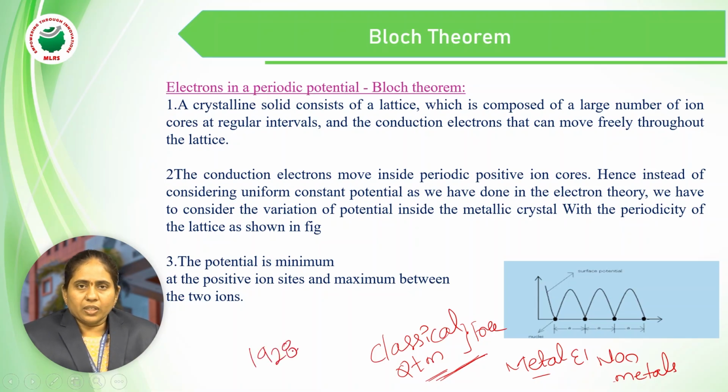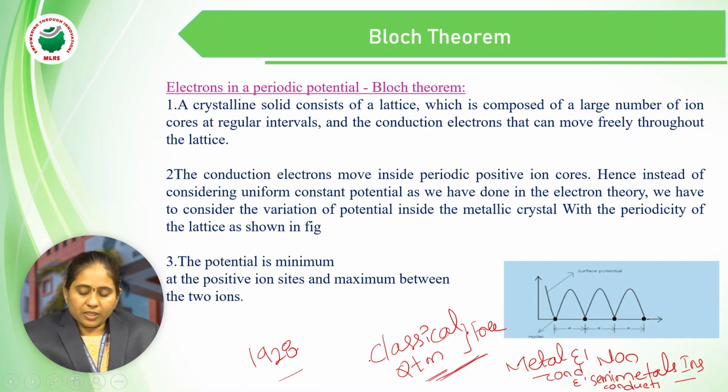Metal means conductor and semiconductor, and non-metal means insulator, that is, non-conducting materials. This difference was explained successfully by Bloch in 1928.